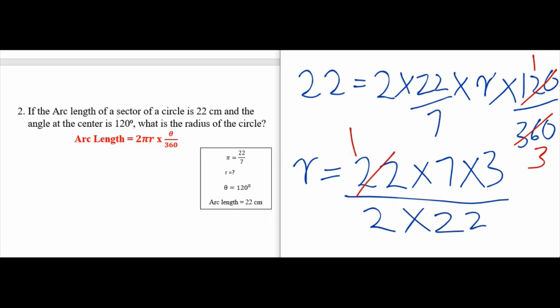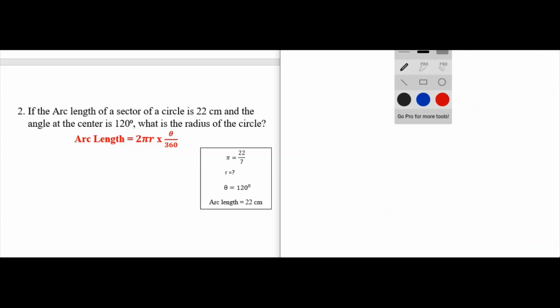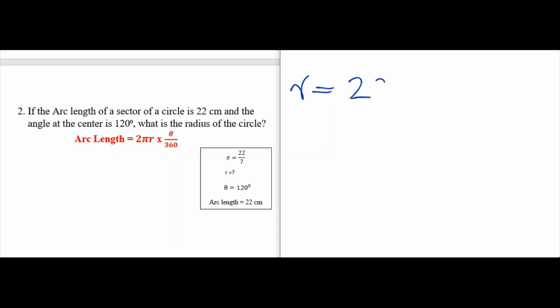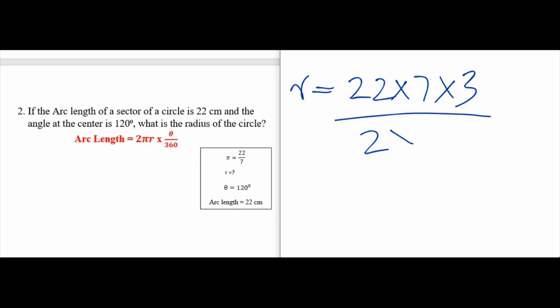And so this 22 can be cut off by this 22. So we have 7 into 3, 21, and 21 should be divided by 2, and that is going to be 10.5. Just in case you missed what I just did there, r is equal to 22 into 7 into 3 divided by 2 into 22.